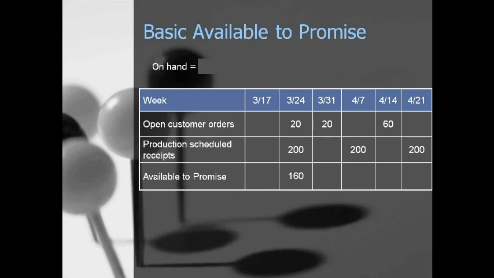The reason we don't put it in the 324 column and the 331 column is because then it would muddy the water. It would look like you actually have 320 that are available to promise in those time periods. So that's why we only show it in the time period when the master schedule order arrives.